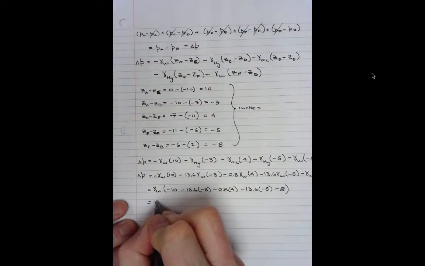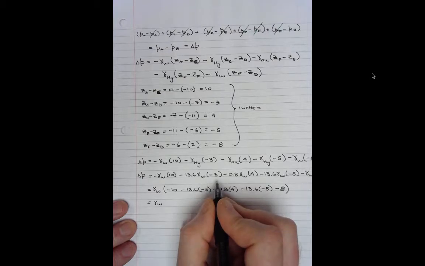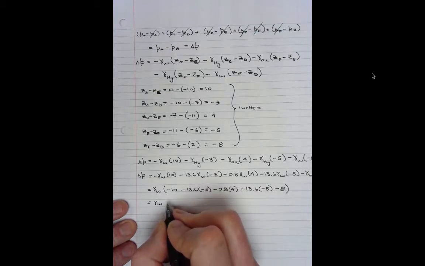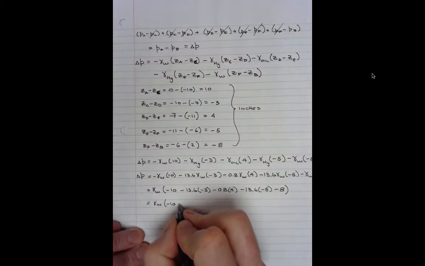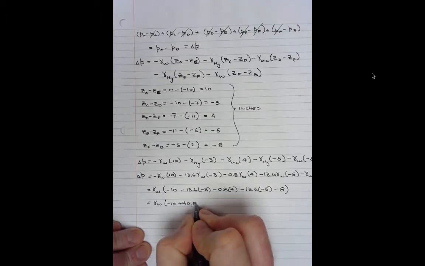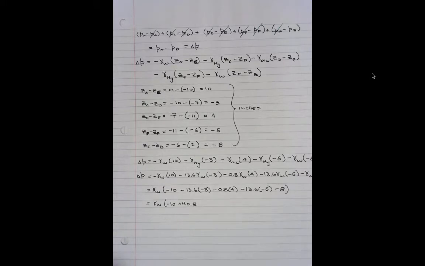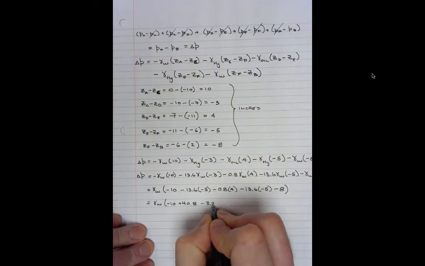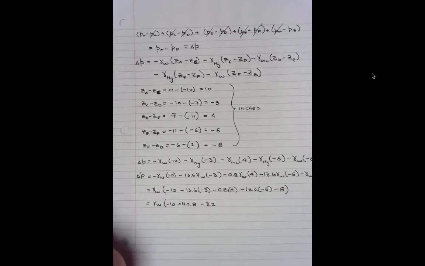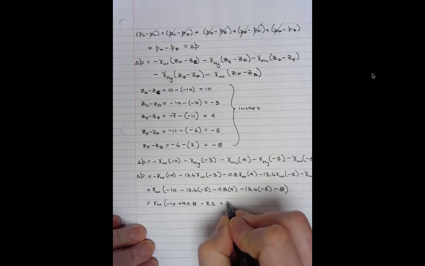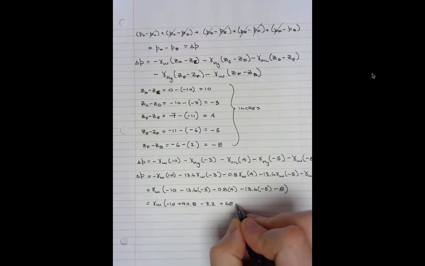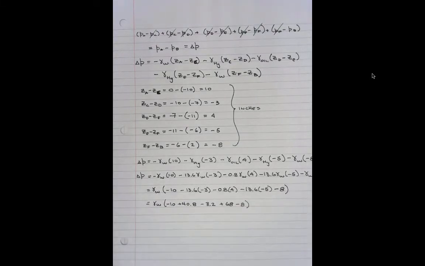So this is going to become gamma water times minus 10, 13.6 times 3 is 40.8, 0.8 times 4 is minus 3.2, 13.6 times 5 is plus 68, minus 8. Now we'll do the arithmetic.